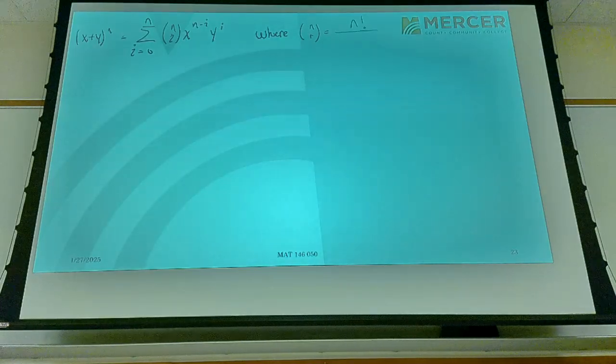So that's the shortcut. That's the binomial theorem.